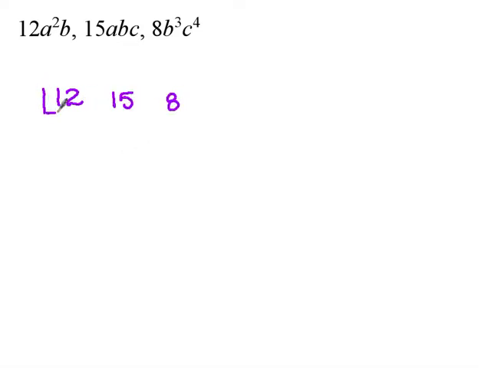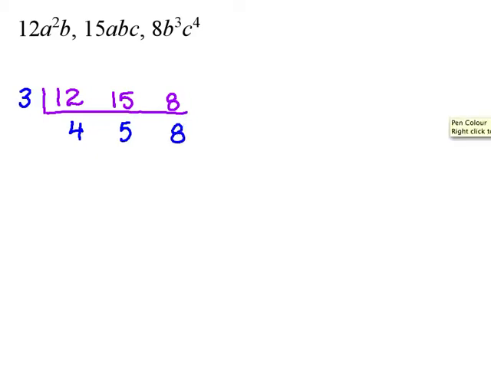Okay? What will divide 12, 15, and 8? There's nothing, but is there something that will divide 12 and 15? 3. 3 goes into 12 and 15 how many times? 4 and 5. Does it go into 8? No, so we're going to leave the 8 alone.